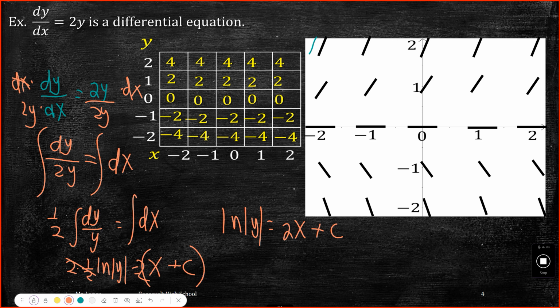Then here's where the pre-calculus starts again, where you're like, oh, here we go with pre-calc. How do you solve for y? Put it in exponential form. So if this is ln, it has base e, and e to this power is equal to y. So y is going to equal... and now the question for you might be, why does the absolute value go away?